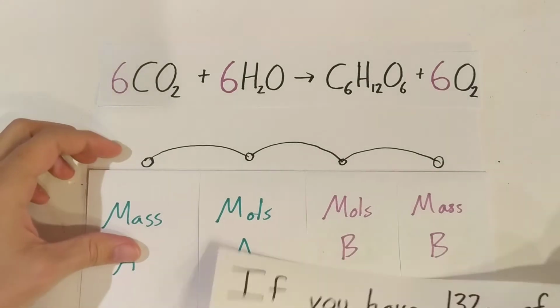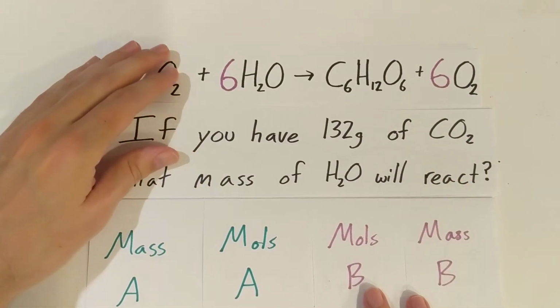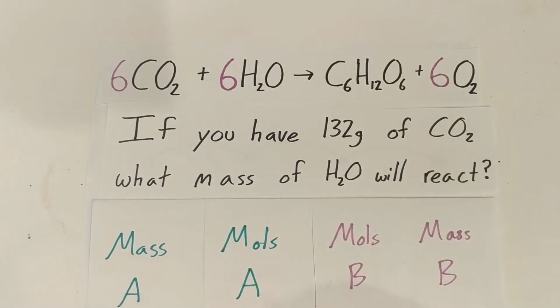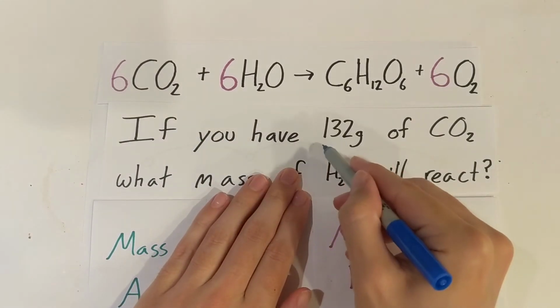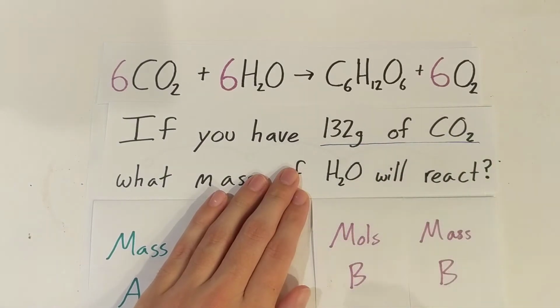So let's go through some of these questions here. Let's go through this first question. It is asking if you have 132 grams of carbon dioxide, what mass of water will react? So the tricky part is finding where we start and where we end. So we are starting with 132 grams of carbon dioxide.